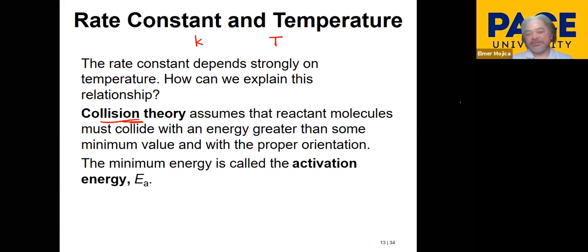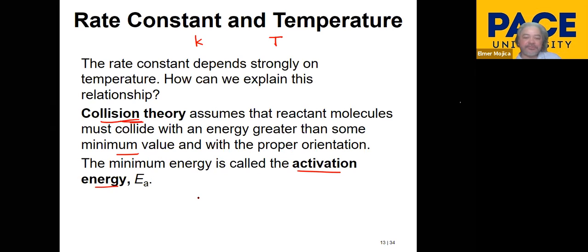The collision theory assumes that reactant molecules must collide with an energy greater than a certain minimum value and with proper orientation. So they just don't collide. The collision should be with proper orientation for it to be effective. The minimum energy is what we call the activation energy.